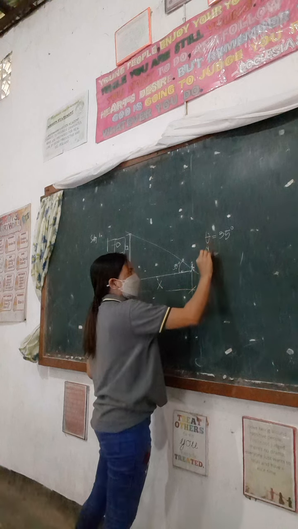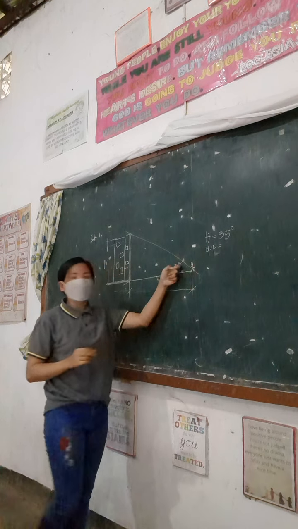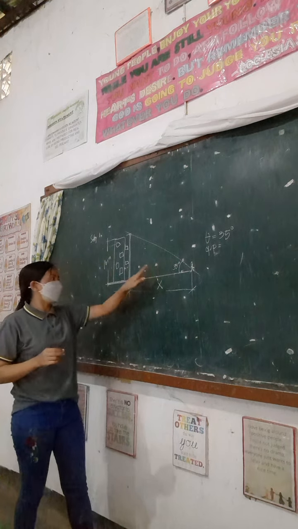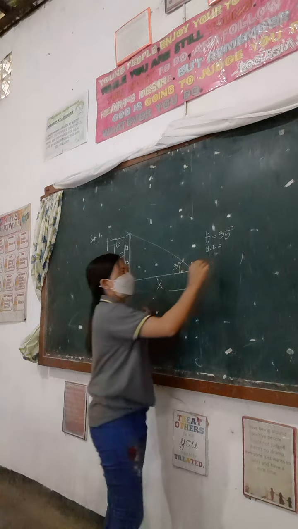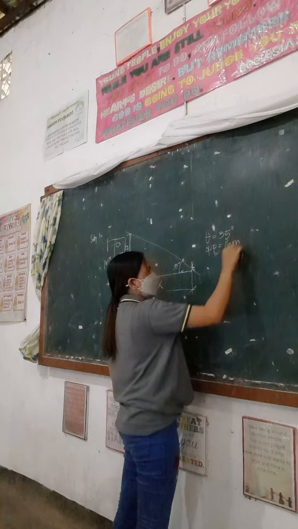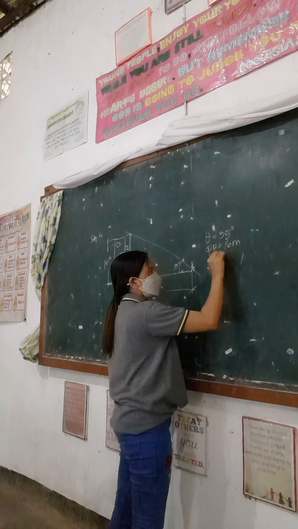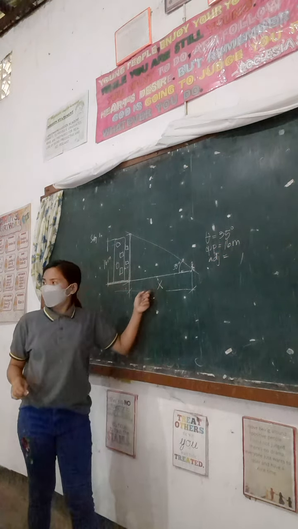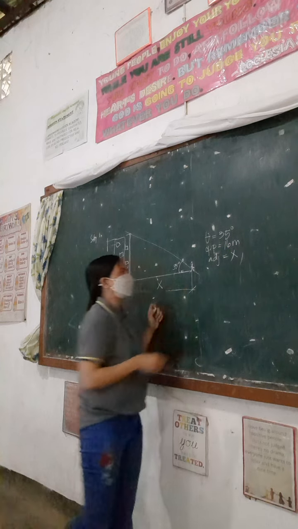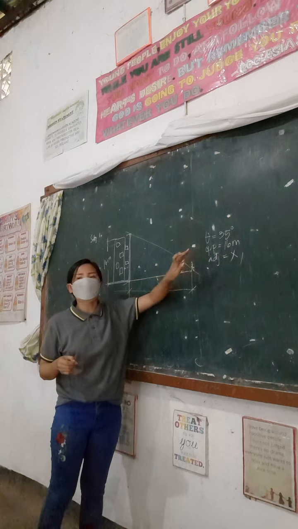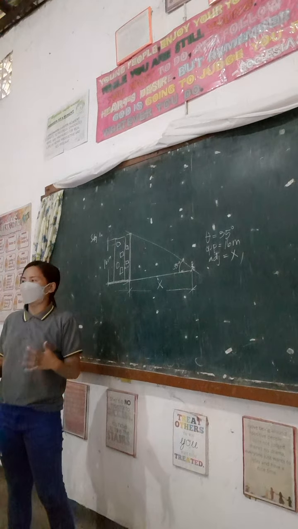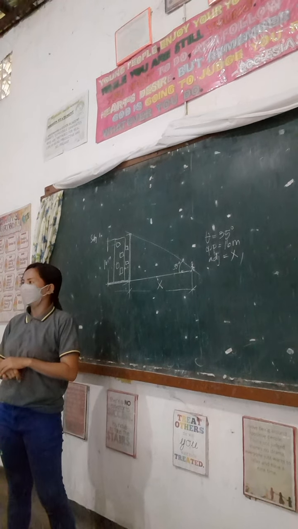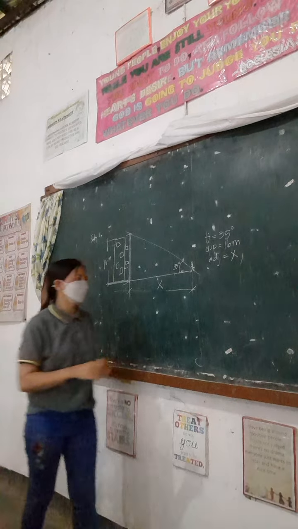Because this is our theta, this is our angle, opposite the angle is 16 meters. Our adjacent is x. Given that we have the angle, we have the opposite side, and the adjacent side is missing, what is the best trigonometric ratio to use to solve for x? Tangent. Correct. Very good.